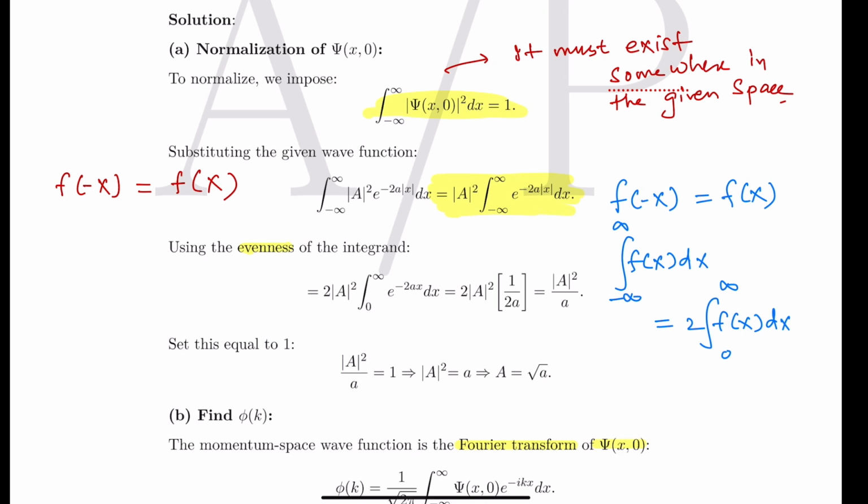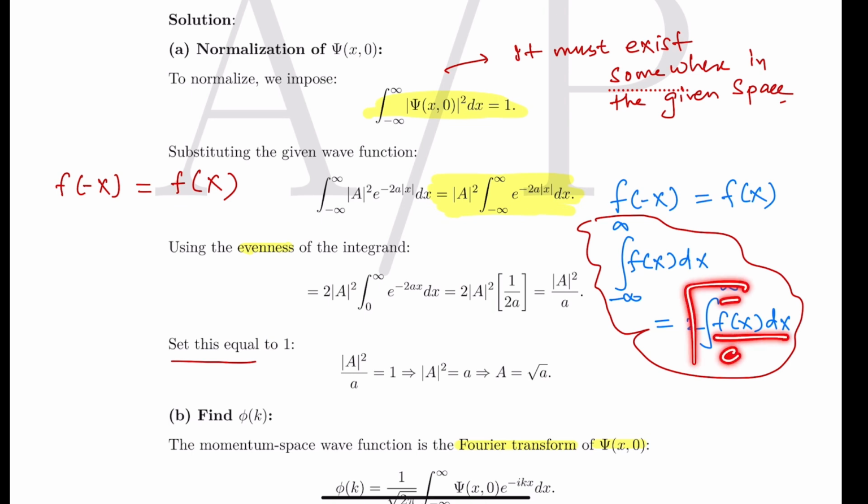So when we set it equal to 1, because this is an even function, you use this expression: integration from minus infinity to plus infinity of the wave function is twice the integration from 0 to infinity, so you just multiply by 2.